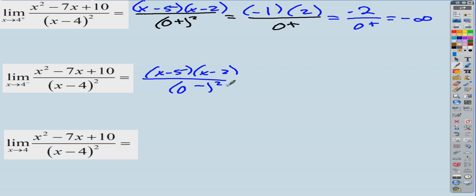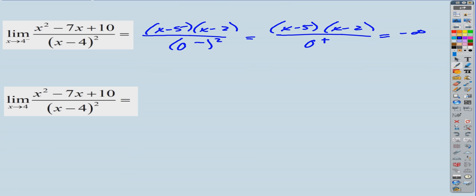What's 0 negative squared? 0 positive. A small negative number squared is a small positive number. So we end up with the same as before. If I evaluate this at 4, I get negative infinity.